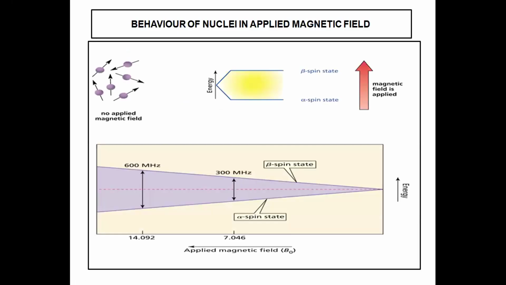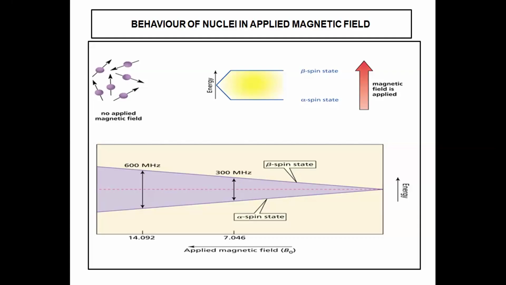Now, the effect of field strength on the NMR spectrum is also very important. Due to the rise in the energy difference, we can see signals which are very near to each other at 300 megahertz, appreciably far from each other at 1600 megahertz.